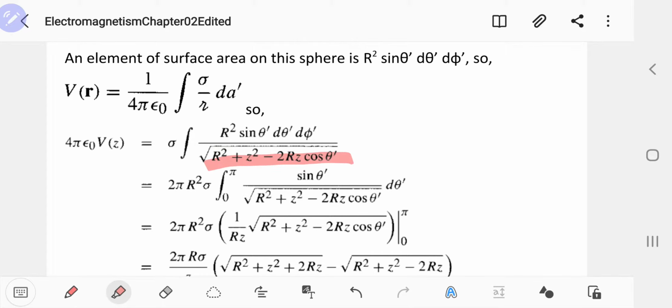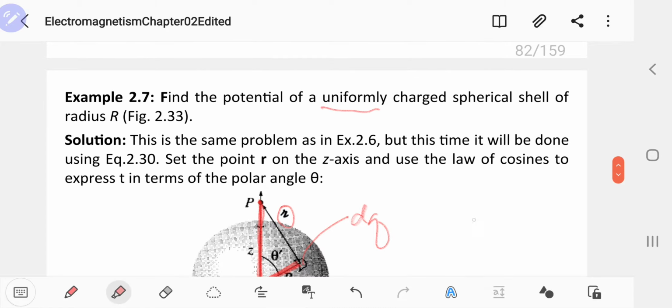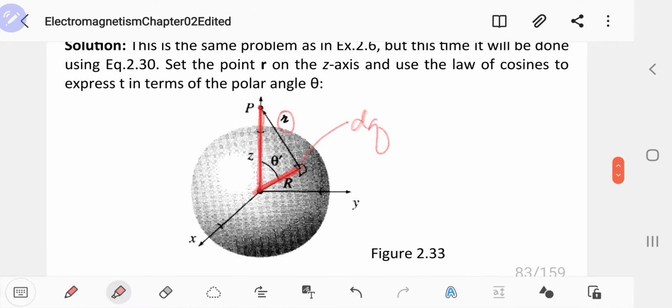The script r here is a triangle, so you can find the length by the cosine law. Of course, the Pythagorean theorem is a special case of the cosine law, but this is not the Pythagorean theorem because you don't have a right angle here.